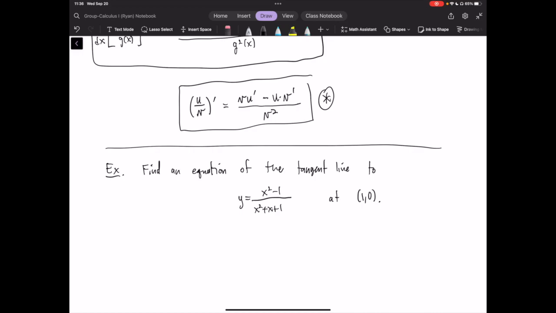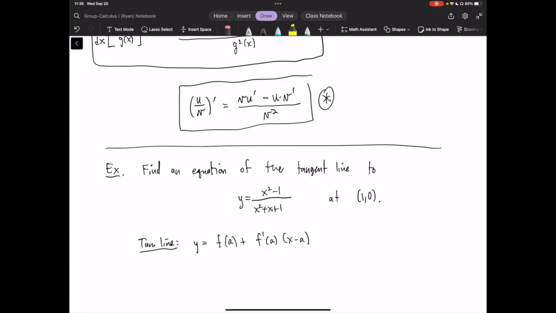So remember that the equation for the tangent line is always equal to this, right? So our tangent line is always equal to y equals f of a plus f prime of a times x minus a.